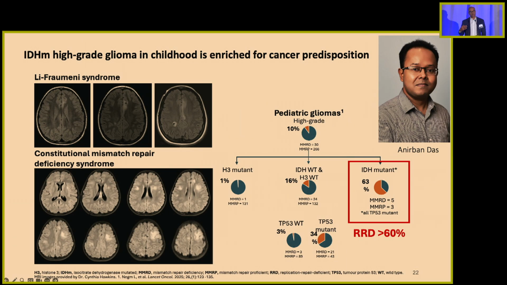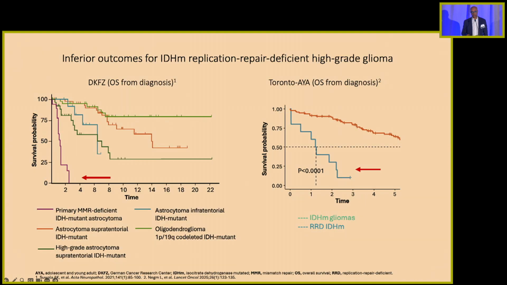So the one group, frustratingly, that didn't do well for us with hypermutator status and with immunotherapy were patients with IDH mutation in this setting. And this is work by Anna Brandas, another colleague of mine from SickKids. He treated these patients instead with combination therapy with an ICI and an IDH inhibitor, in this case, ivosidenib.